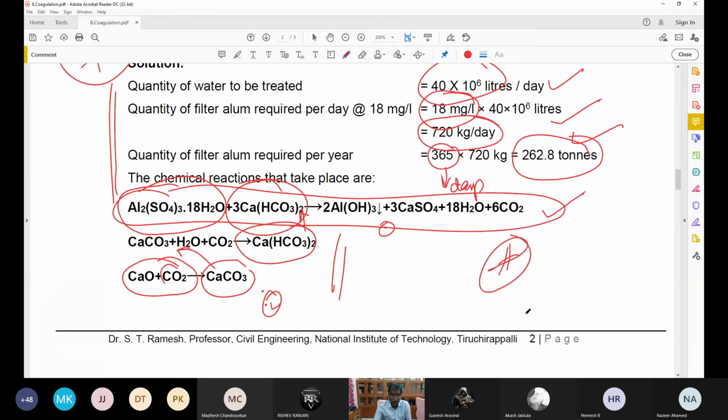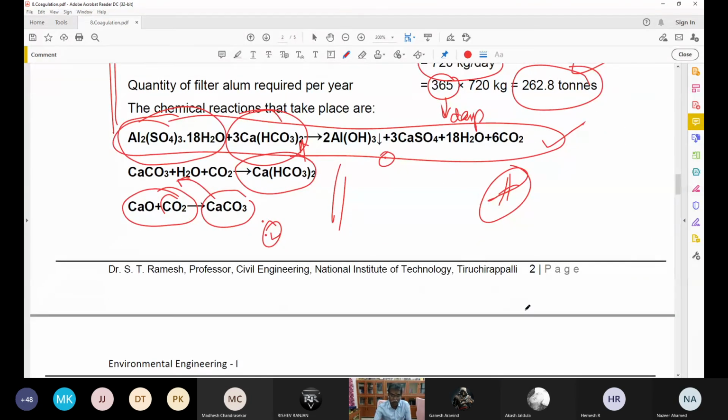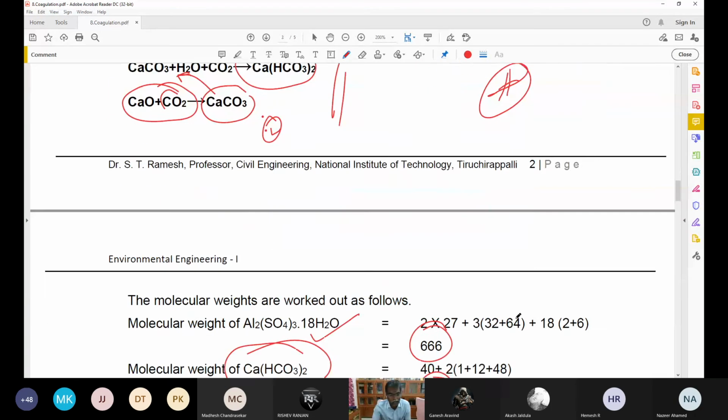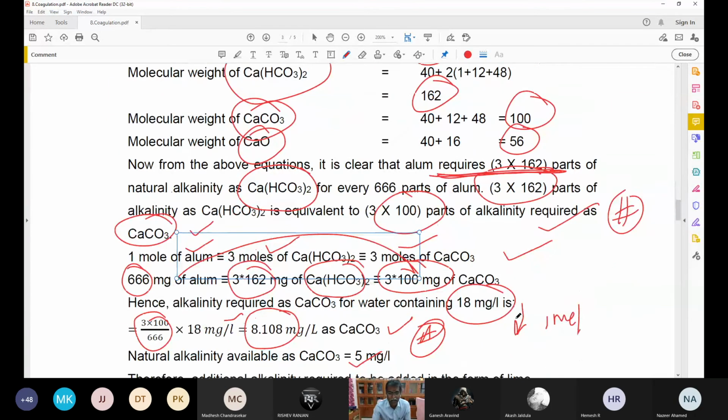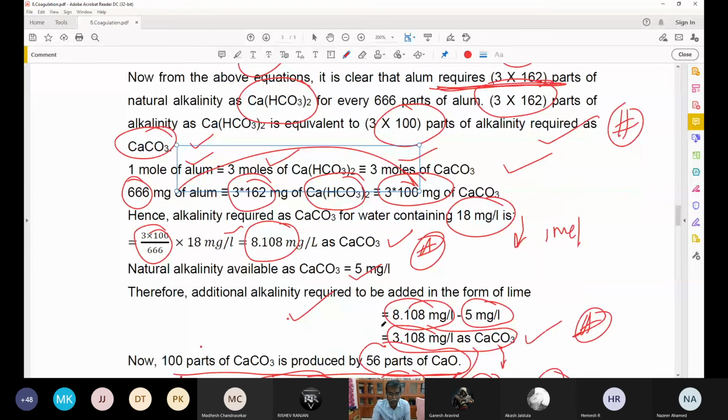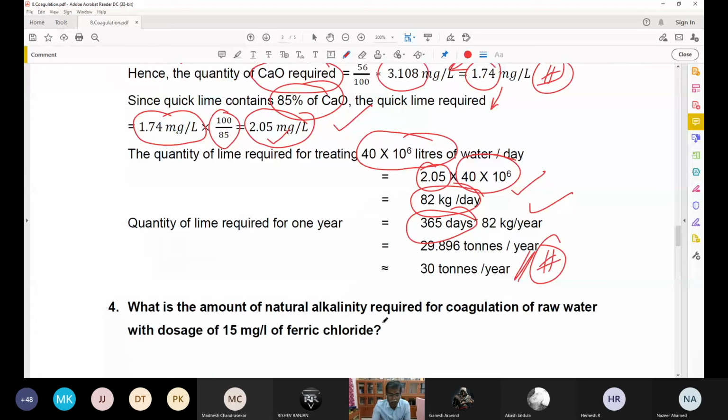For quantity calculation, you need not worry: concentration multiplied by the flow. You may multiply by week, month, year, anything you can calculate. And if a rate is mentioned, you can also multiply with the rate. You may get a chemical cost. If sufficient alkalinity is not there, you can go with this equivalency and find out how much alum is to be added. Is it okay?